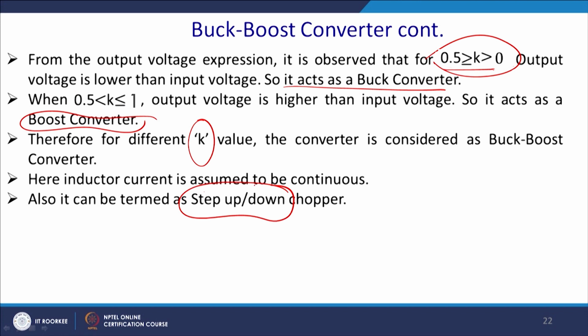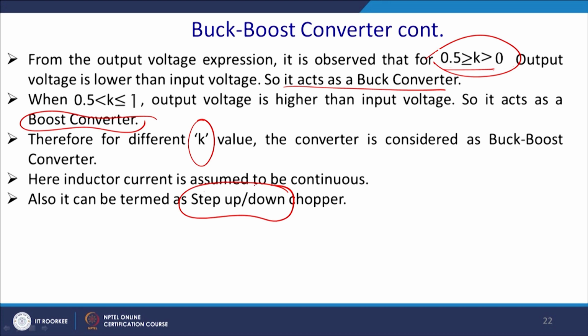So, it is observed that for k less than 0.5 and greater than 0, the output voltage is lower than the input voltage, so it will be a buck converter. When k is greater than 0.5, the output voltage is higher than the input voltage, so it acts as a boost converter.